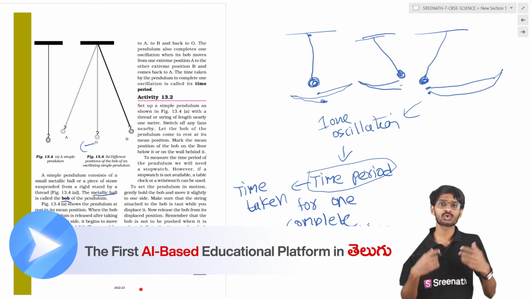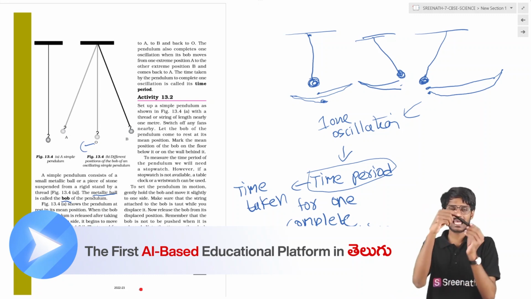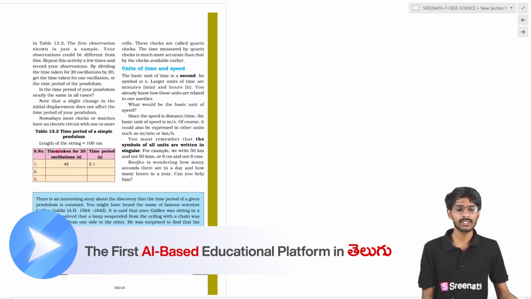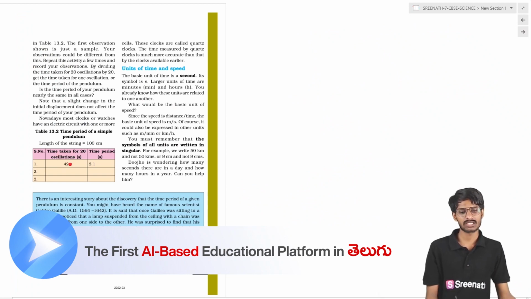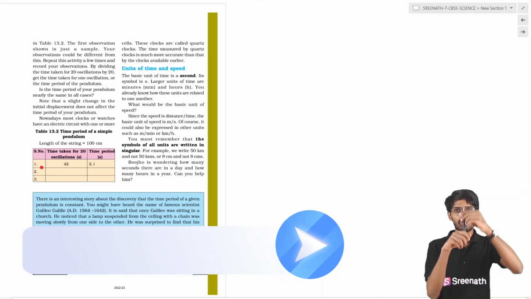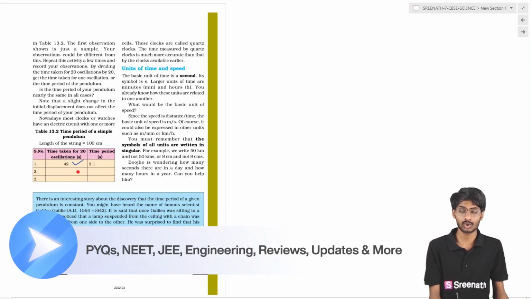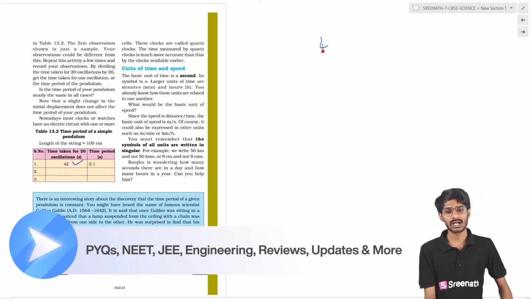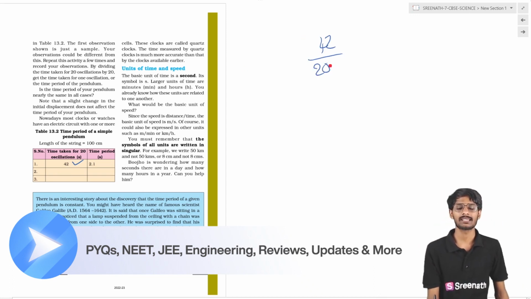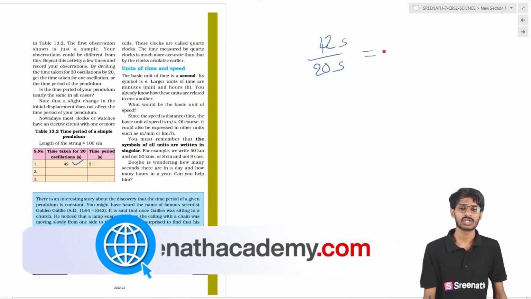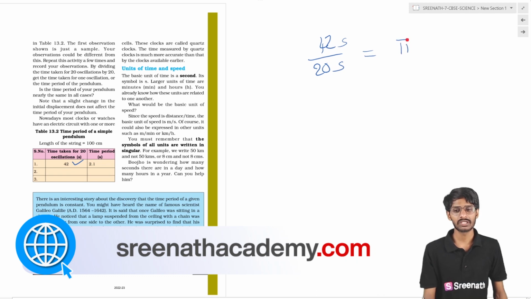After that, you have to find how much time it has taken for 20 oscillations. Suppose it takes 42 seconds to complete the 20 oscillations, then dividing that 42 seconds by 20, you will get the time period. What is it?